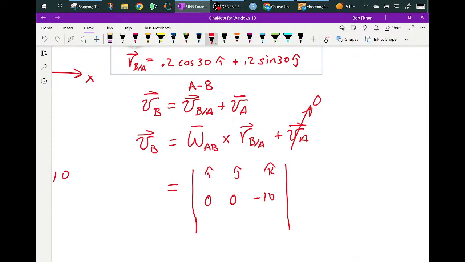So 0.2 cosine 30, there's my shorthand, and 0.2 sine of 30, and then 0.